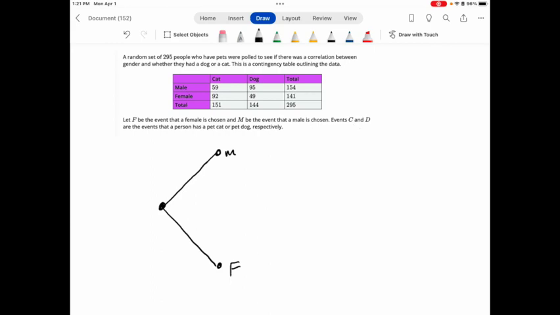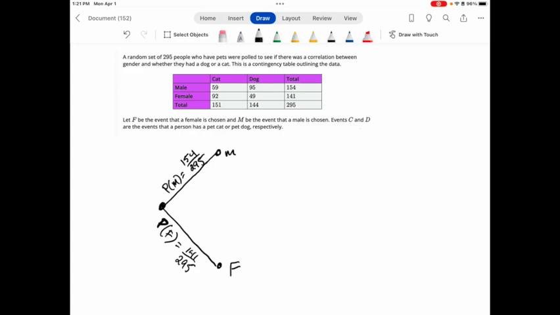When I look at the table, the probability of picking a male is 154 out of 295, and the probability of picking a female is 141 out of 295. Okay, so that's our first layer.